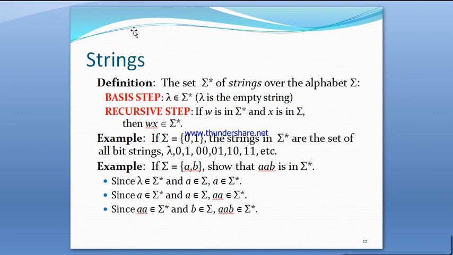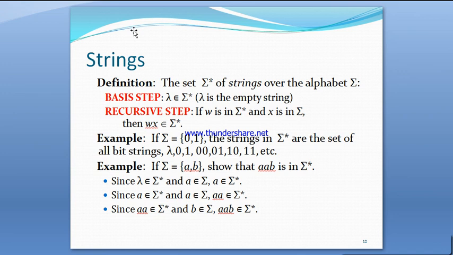Now, let us define one of the basic structures in computer science engineering subjects, string. Let us define the strings recursively. Suppose that the set sigma star is the set of strings and sigma be the set of alphabets, right? The set sigma star of strings over the alphabet sigma.